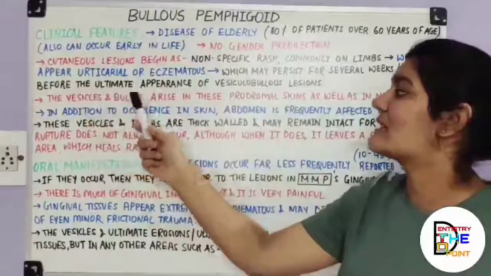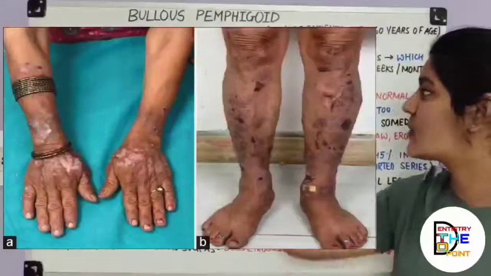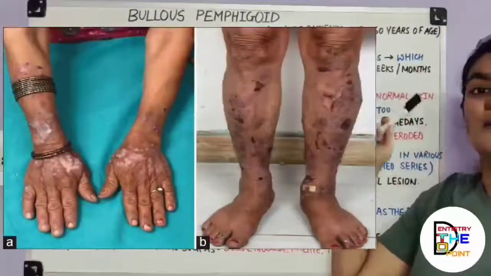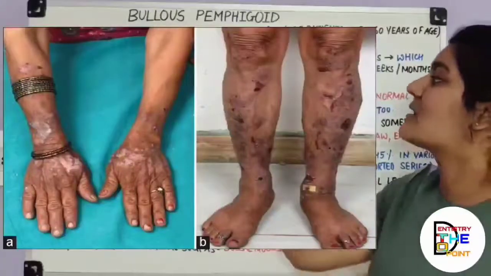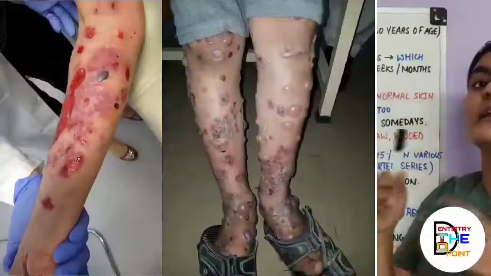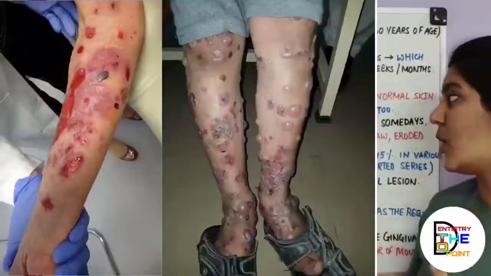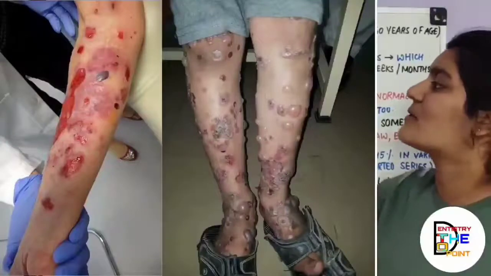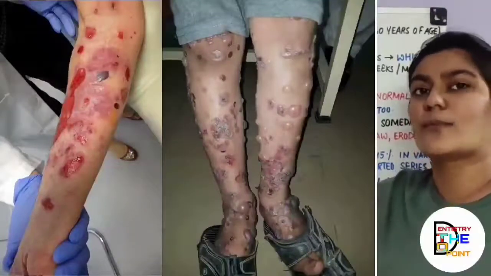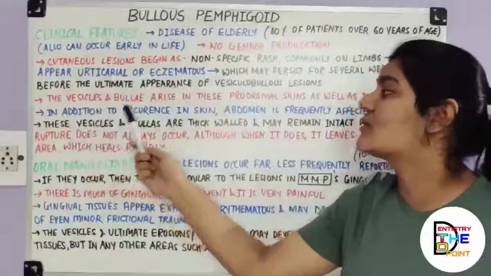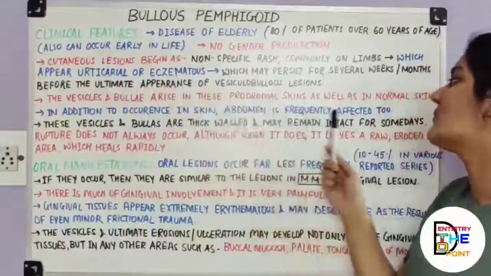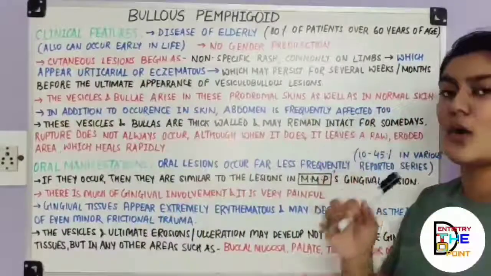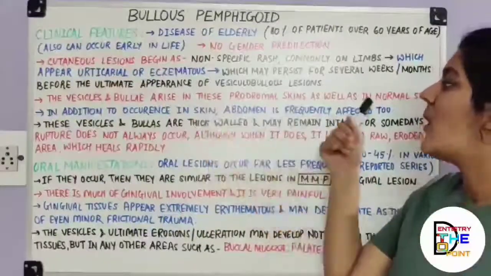The vesicles and the bullae arise in these prodromal skin areas as well as in normal skin. So it either appears on normal skin, or it is preceded by such rashes. In addition to the skin, the abdomen is frequently affected too, in accordance with the skin of the limbs.